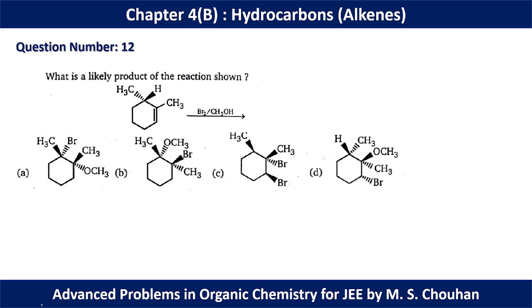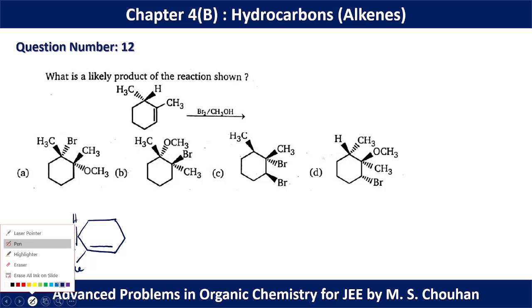In question number 12, we can start the mechanism like this. We have a situation where below the plane we have methyl, a methyl over here also, a methyl like this, a methyl here also, and we have an alkene. Now, first of all, we have added Br2.